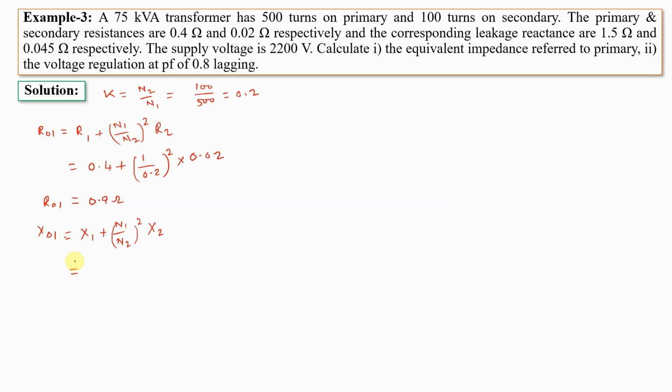So here the value of X1 is 1.5 plus (1 upon 0.2) whole square into X2, and the value of X2 is 0.045, and its value will be 2.625 ohms. That is the value of X01.